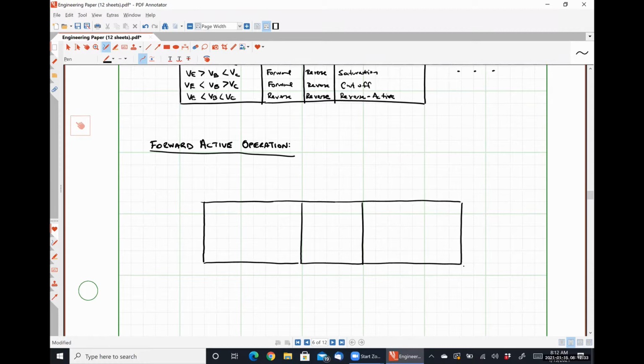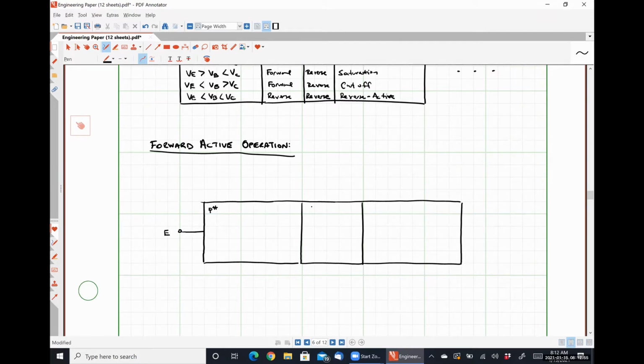All right, so over here on the left-hand side is going to be my emitter. And my emitter is a very highly doped, so P++ region of neutral semiconductor.